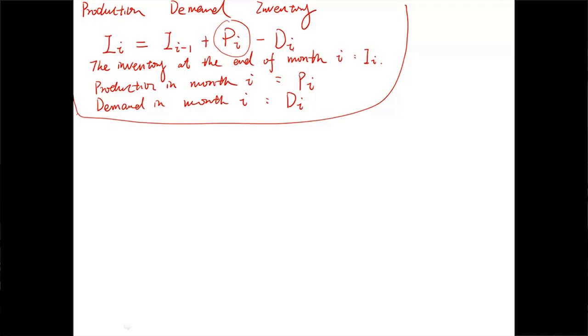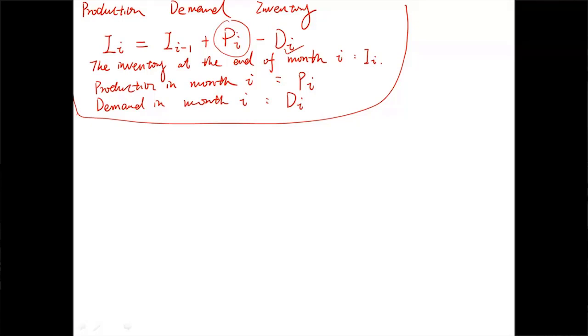We know the D here, and we know the beginning inventory at the very beginning. So once we define P as the decision variable, we will be able to calculate the inventory. But we're still going to use a variable to represent I because it makes the model clearer and easier, although it is not a decision variable.